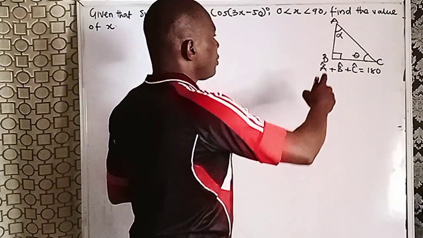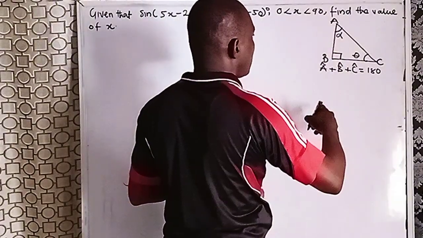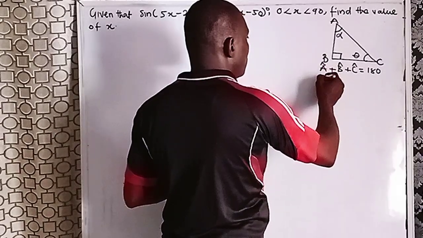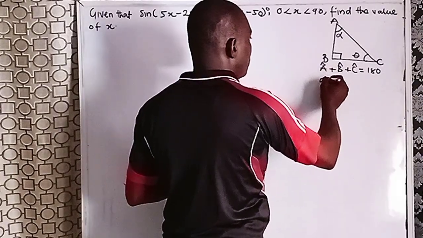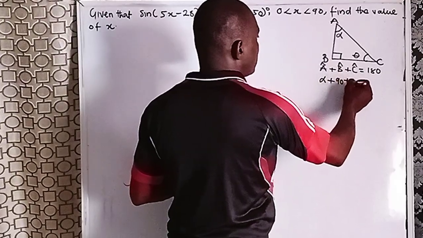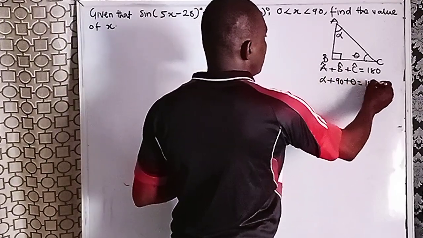Angle A is alpha, angle B is 90 degrees, angle C is theta, so alpha plus 90 plus theta equals 180.